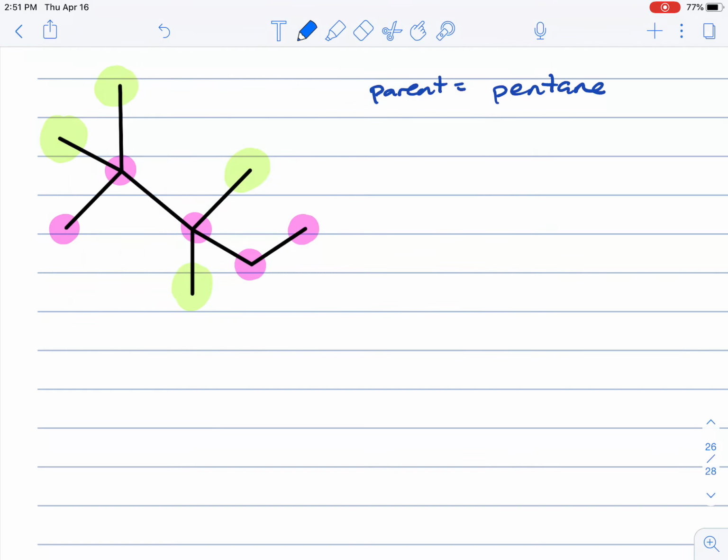So I'm going to start numbering. 1, 2, 3, 4, 5. So if I go from left to right, notice that I have 2 substituents on carbon 2. So I'm going to put 2 plus 2. And then I have 2 more substituents on carbon 3.